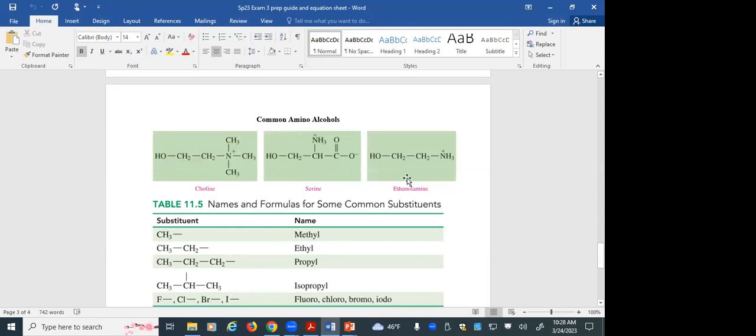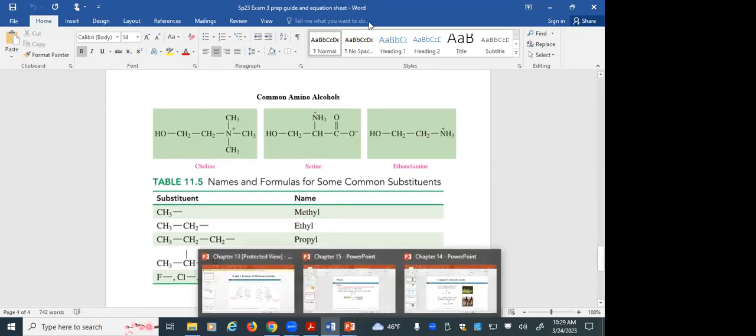I'm also giving you those 3 common amino alcohols so that you can recognize them, not so that you can use them to identify, oh, this is lecithin versus something else, but more so that you can recognize, oh, this is attached to a glycerol group, it must be a phospholipid, as opposed to just a normal triglyceride. So that's why I'm giving them to you here.